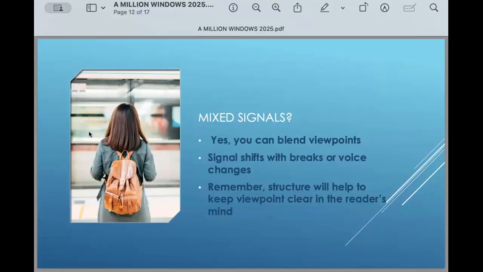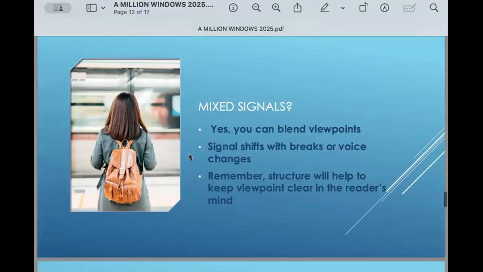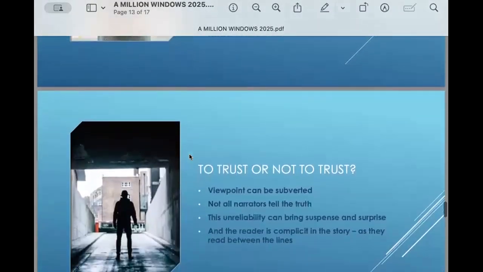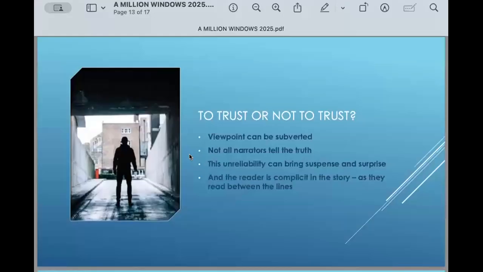Cool. The next thing that people often are interested in is the idea of the unreliable narrator. So unreliable narrators are typically used in your viewpoint techniques that are covering first person. You can't really use them in the third person.